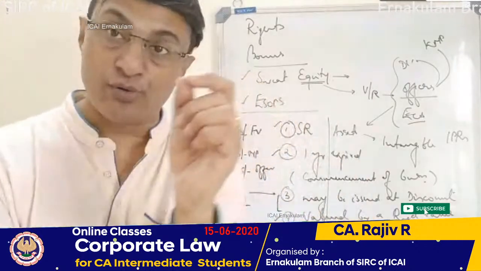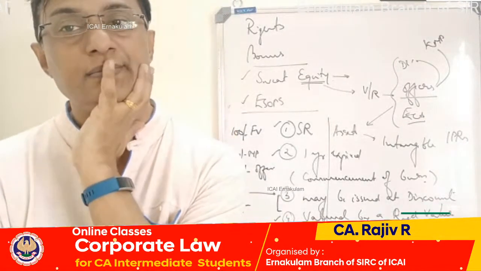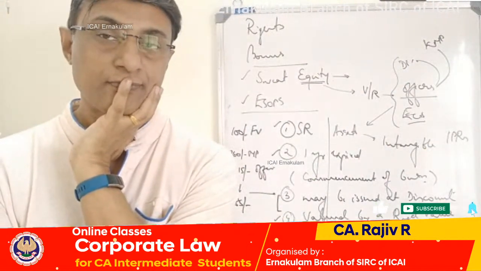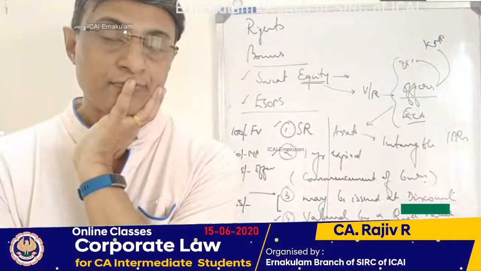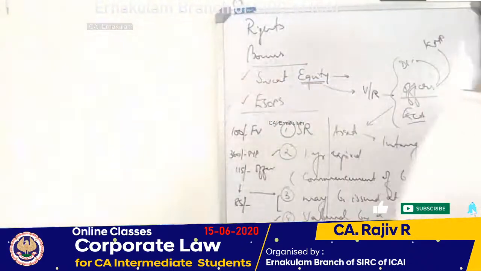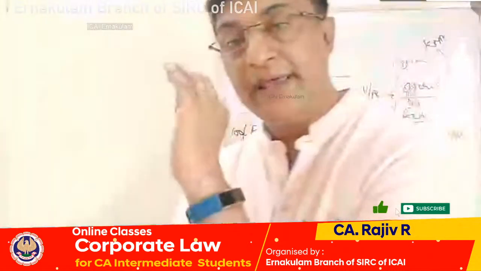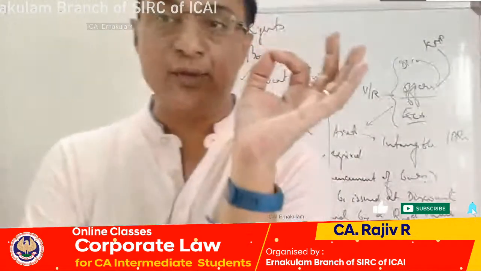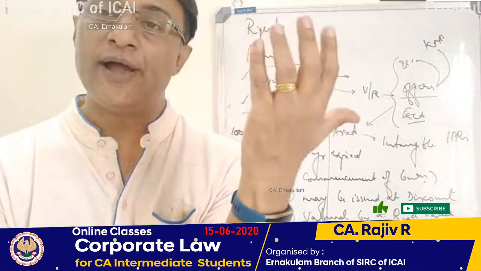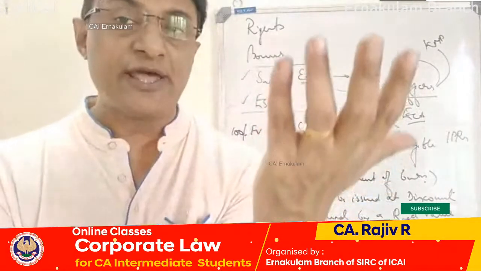Okay, so that was condition number 4. Add the 5th one, number 5. A listed company is additionally required to comply with applicable SEBI regulations.